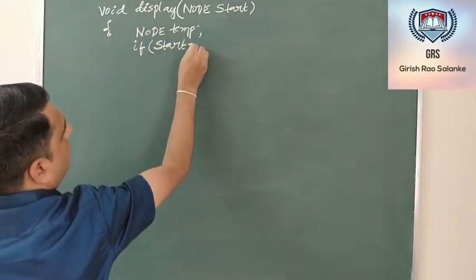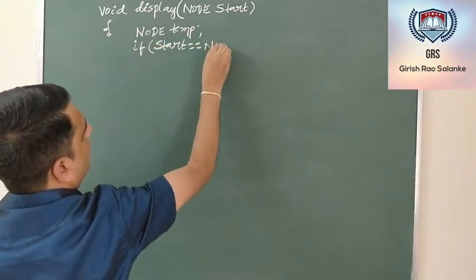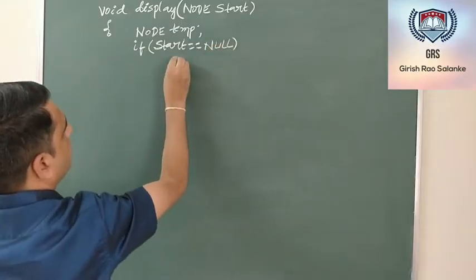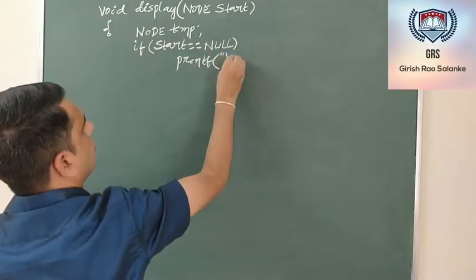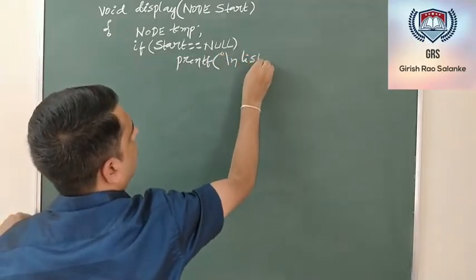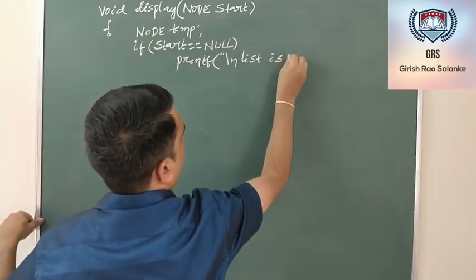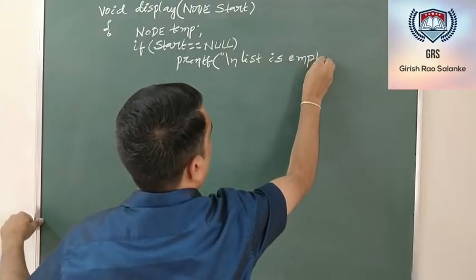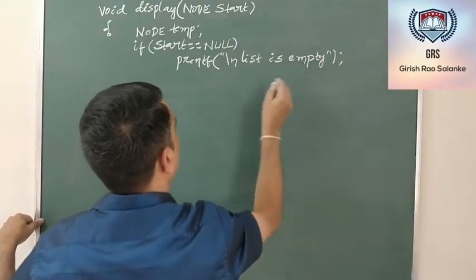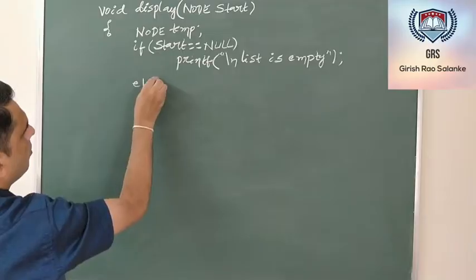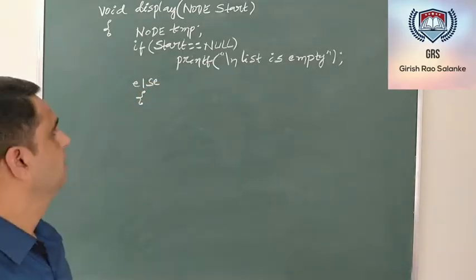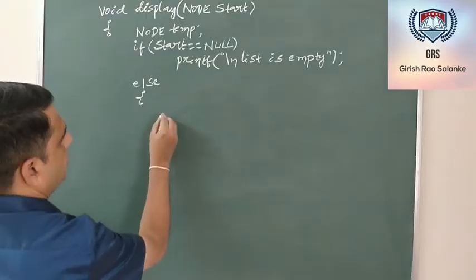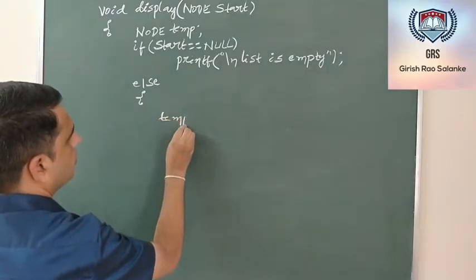If start is equal to null, printf list is empty. Else, I need to display the content of the list. Temp is equal to start.